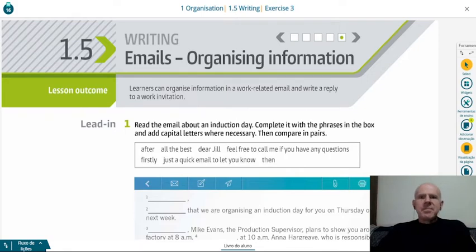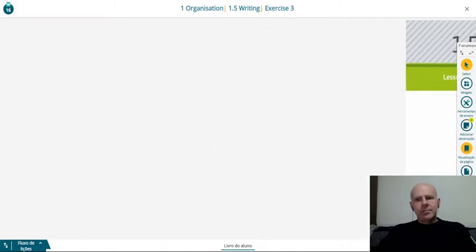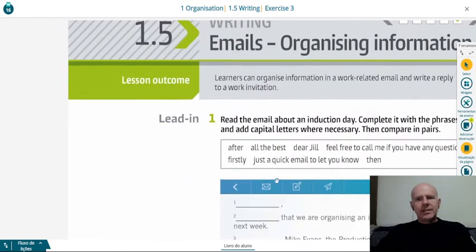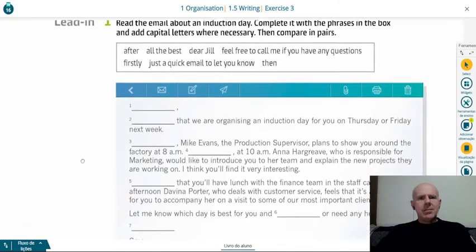Tell me. Tell us. Complete it with the phrases in the box and add capital letters where necessary. Then compare in pairs. We have this box with these expressions, and I always do that, sorry, with these sentences that we are going to use to complete the email.